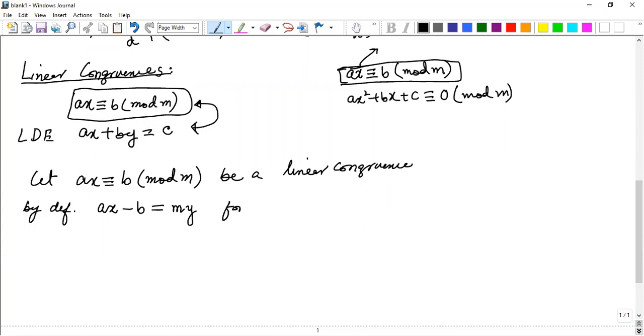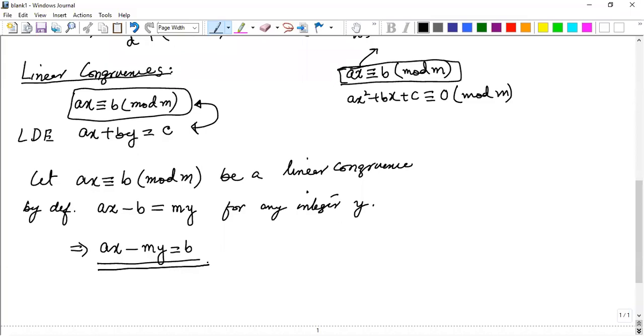So for any integer y, this can be written as ax minus my equals b. So this is a linear Diophantine equation.